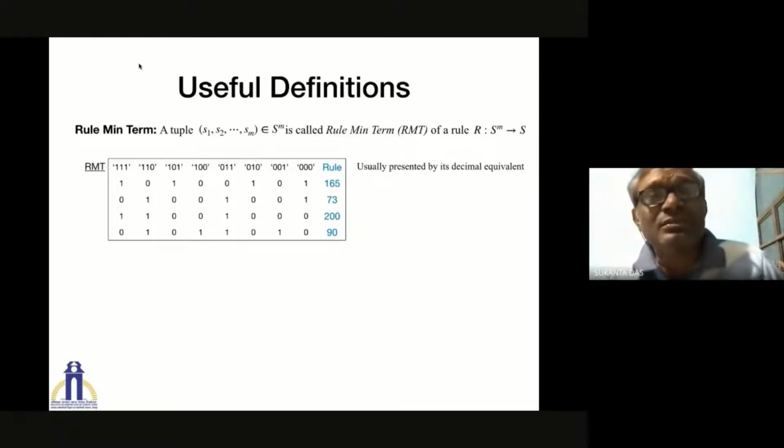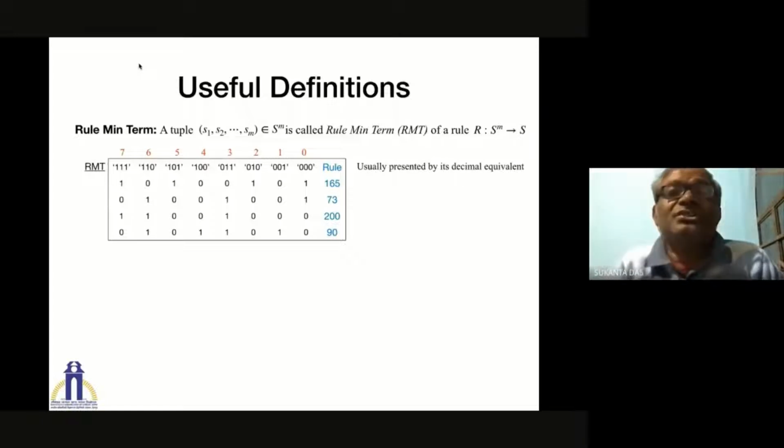If it is a trinary number, with base 3, then if I get 2, 2, 2, it means 26. So the convention is that RMTs are represented by their decimal equivalent. Here I have written in red the decimal values of each RMT.